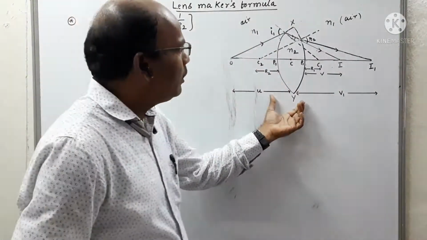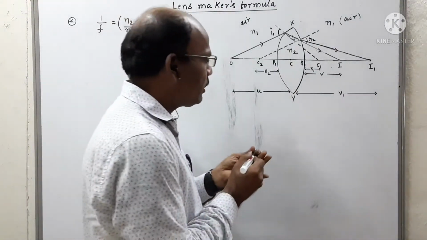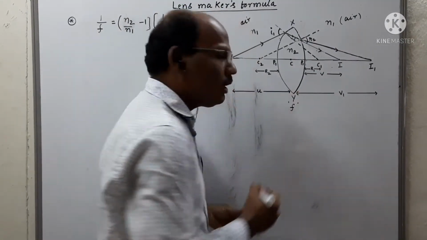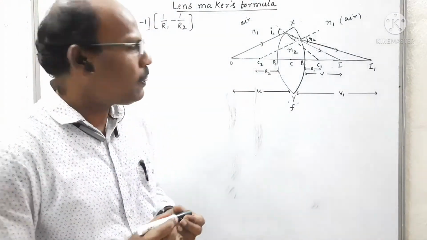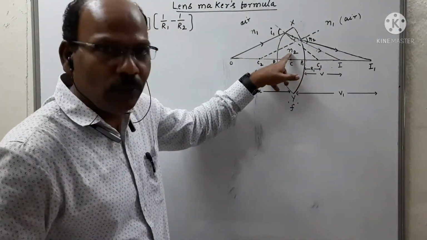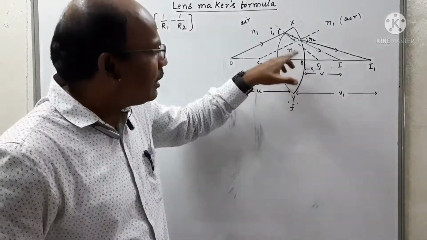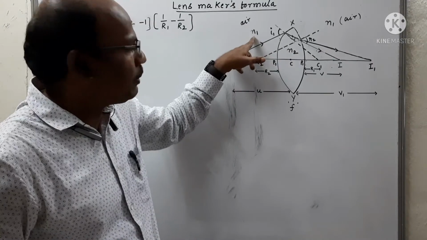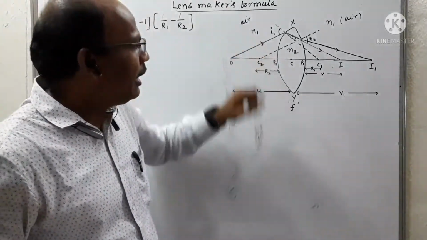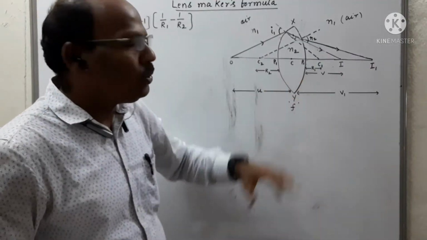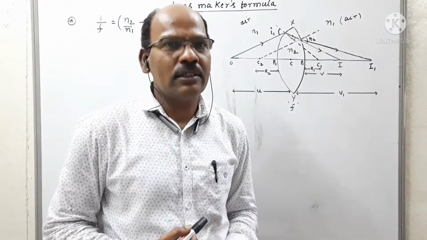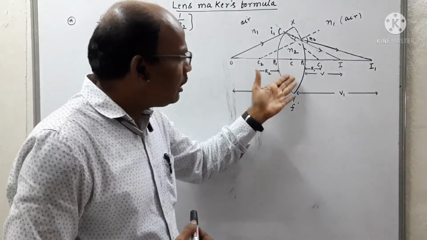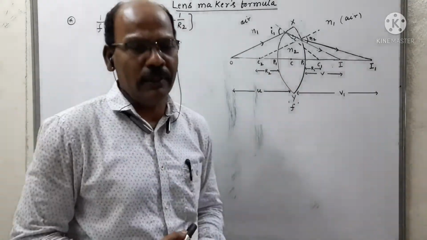Observing the diagram, this is the convex lens of focal length, let us say F. So a convex lens of focal length F having refractive index N2 is kept in the presence of air medium whose refractive index is represented as N1. Let R1, R2 be the radii of curvature. So this lens is kept in the presence of air medium.